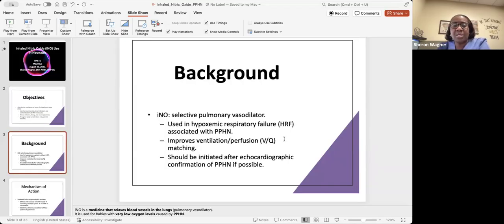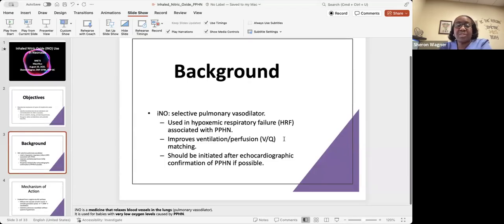So, background on nitric oxide: it is a selective pulmonary vasodilator, which means that it is only going to target the pulmonary system and will not generally cause a systemic reaction where the babies experience any hypotension because of the relaxation of the vessels.